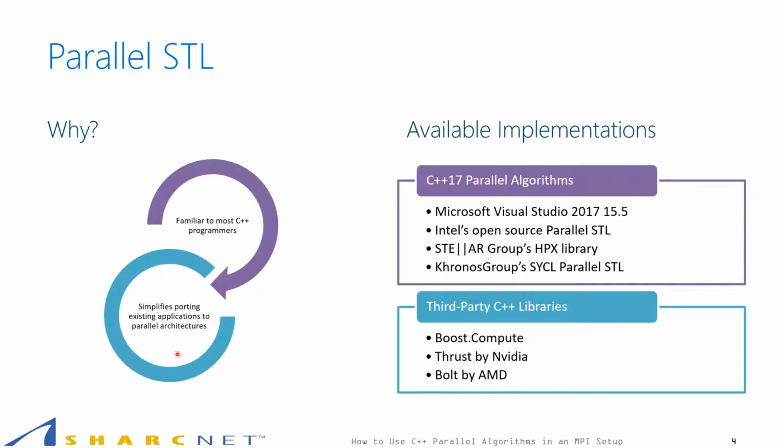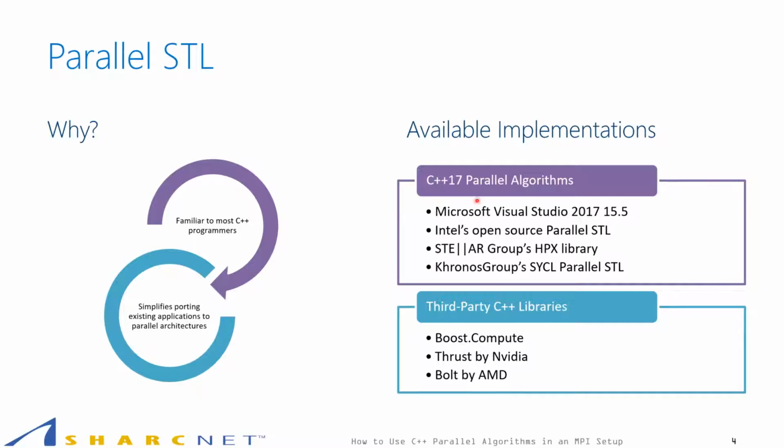In addition, there are numerous applications and libraries that have already used these algorithms, which can be easily ported to a parallel version. Fortunately, parallel algorithms are now part of the C++ ISO standard known as C++ 11. And there are quite a few almost complete implementations available for both CPU and GPU.